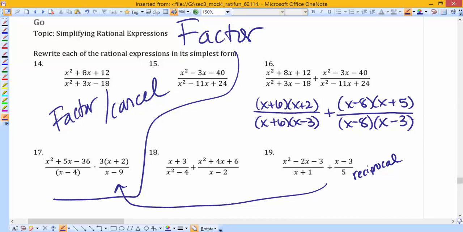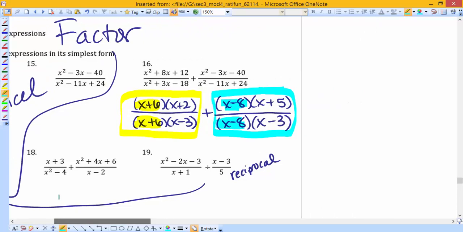So when I am looking at canceling, I want to see if I can cancel before I add, because I need a common denominator before I can add. I'm going to look at this fraction. And in this fraction, there's a pair that I could cancel. And then I'm going to look at this fraction. And there's another pair that I can cancel.